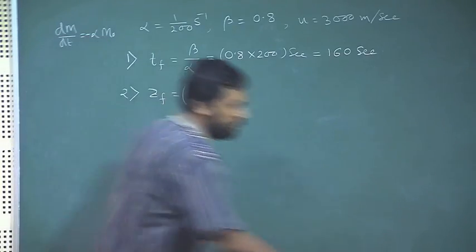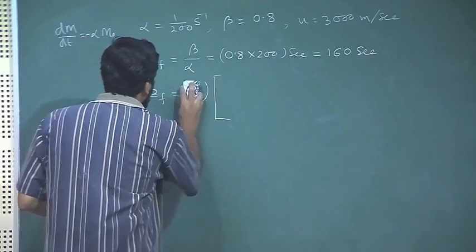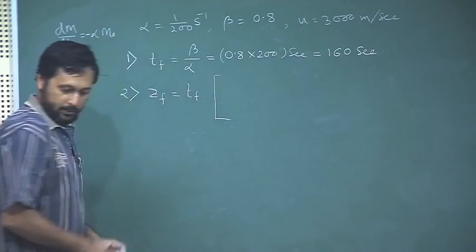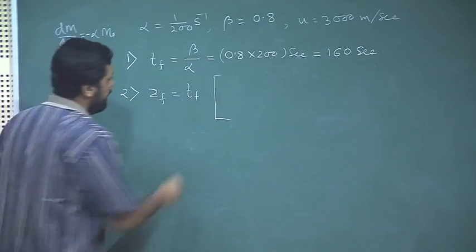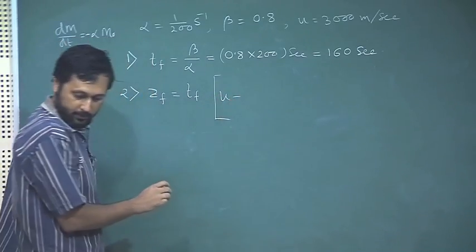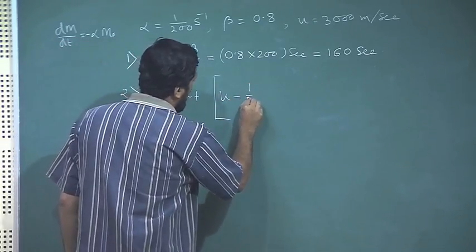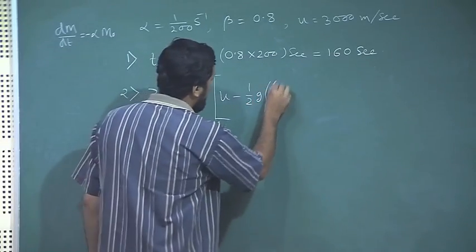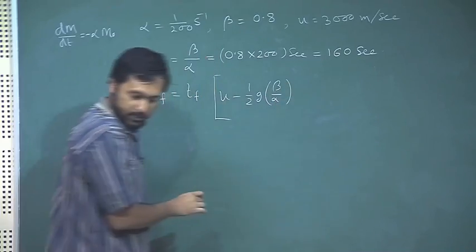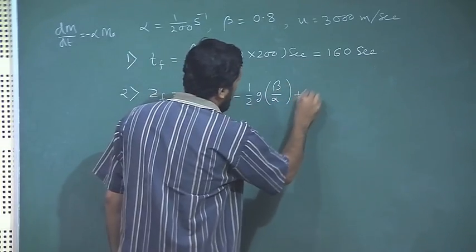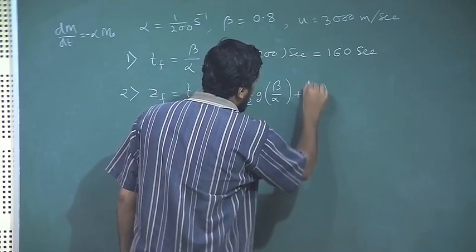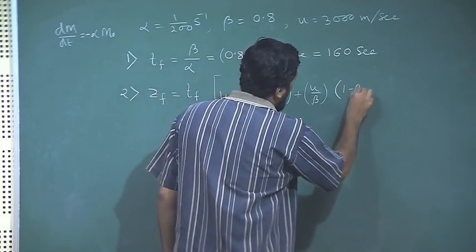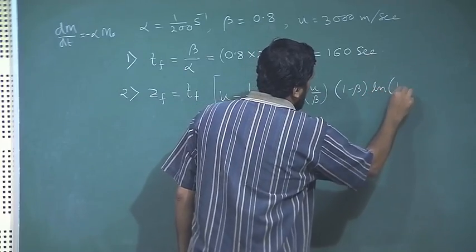So, what I can do is put Tf here, and multiply this by u minus half g, again beta by alpha, plus u by beta, 1 minus beta ln 1 minus beta.